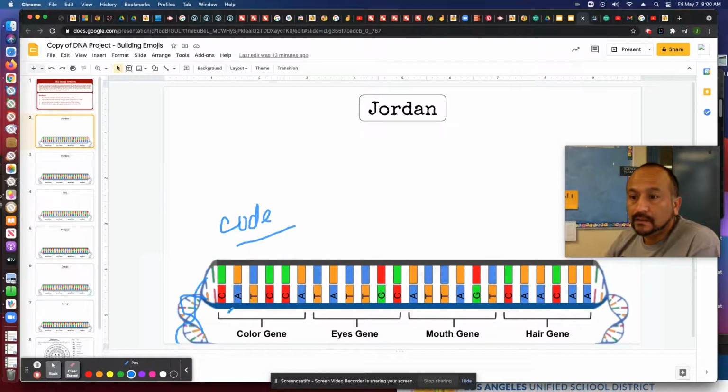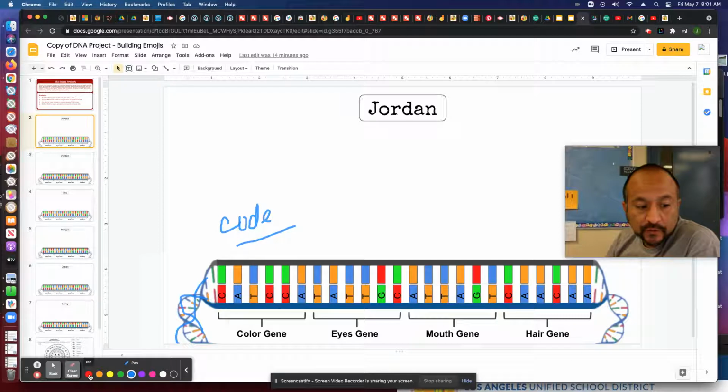And we do that by figuring out what the genes are instructing us to do. Whatever the genes instruct us to do, that is what we will build the protein molecules from, and then come up with the different traits for our emojis.